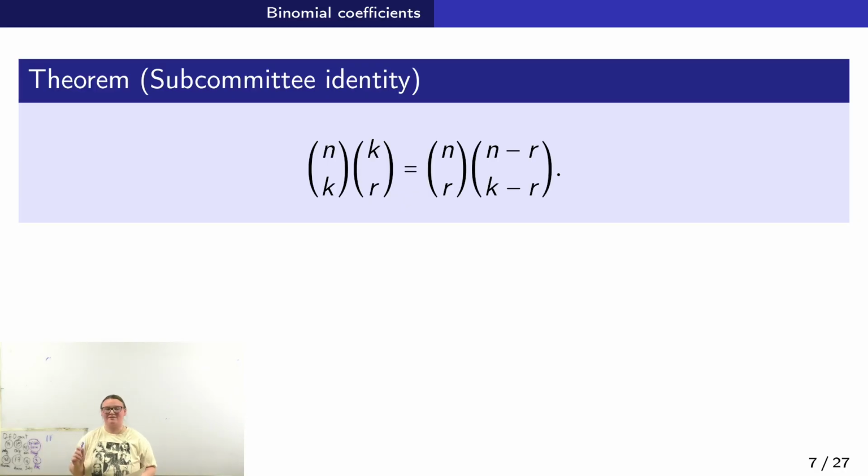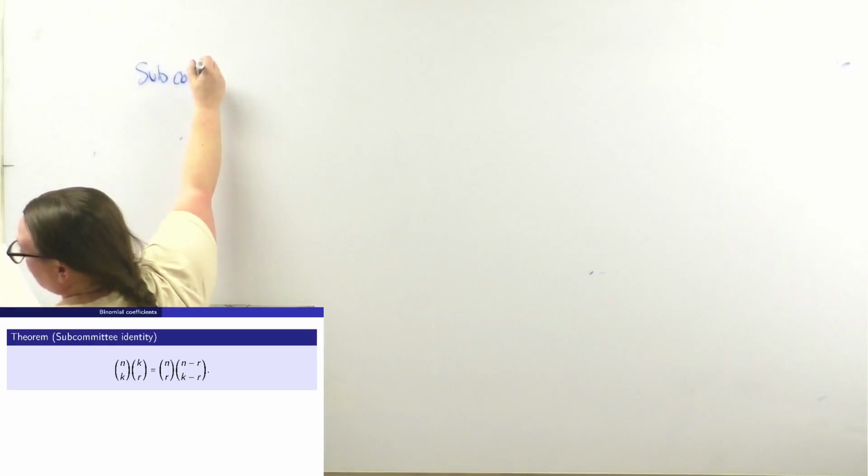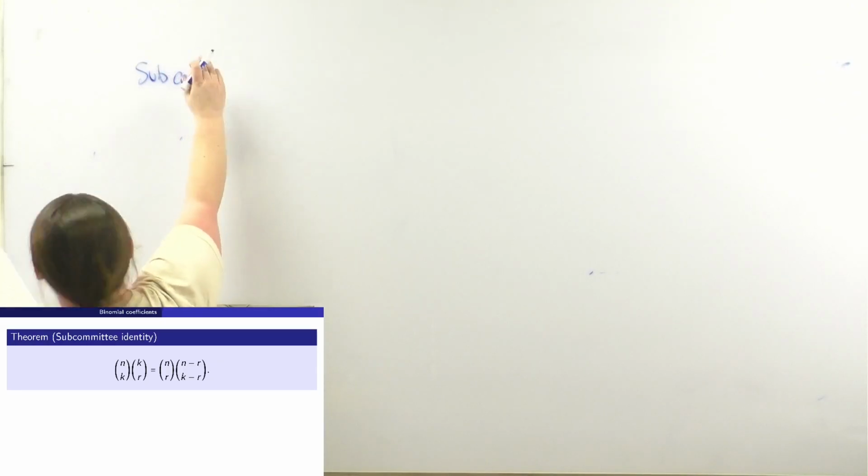So now we have a subcommittee theorem, which essentially says if I have a size of n people and I want to make a committee of k people, and then within that committee I want a smaller group of people, we'll call that R. So let's see, we got two M's, one M, doesn't matter.